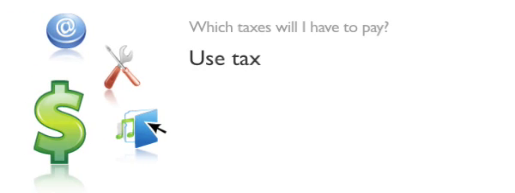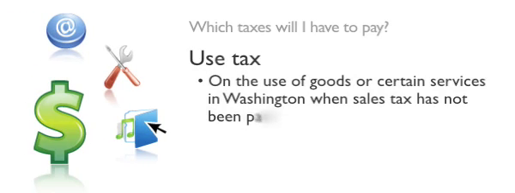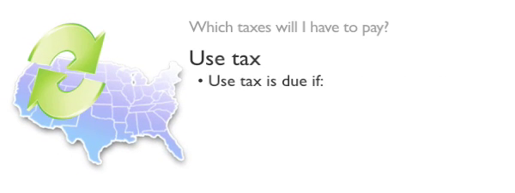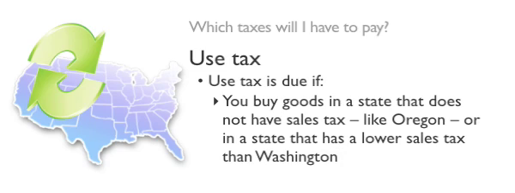Use tax is a tax on the use of goods or certain services in Washington when sales tax has not been paid. Use tax is due if you buy goods in a state that doesn't have a sales tax, like Oregon, or in a state that has a lower sales tax than Washington.